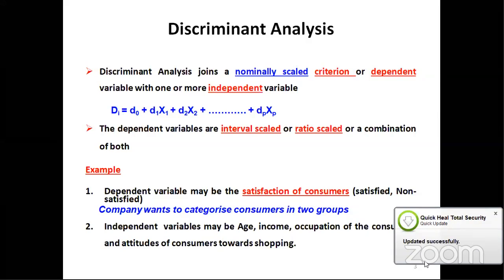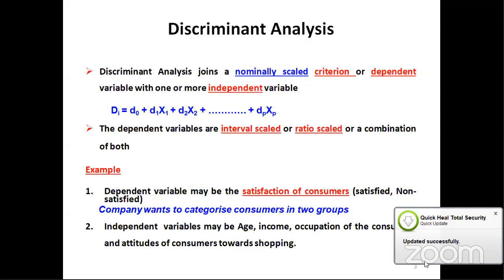By using the discriminant analysis, we make differences between or among the different groups on the basis of some independent variables. For example, suppose you want to make two groups of your customers, a satisfied group and a non-satisfied group, on the basis of some independent variables like age, occupation, and some other things. In that situation, we should apply discriminant analysis.